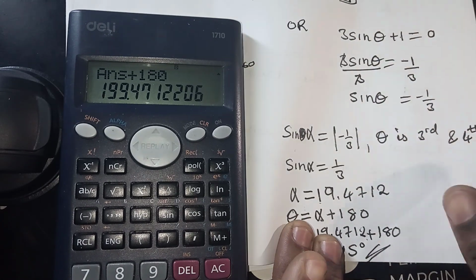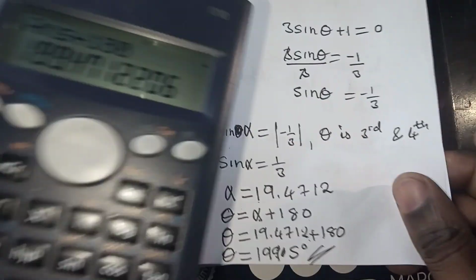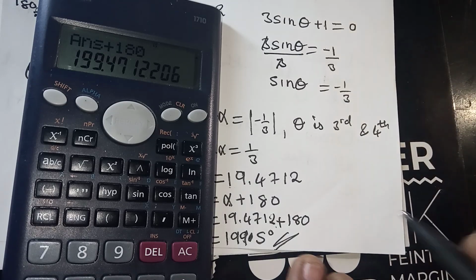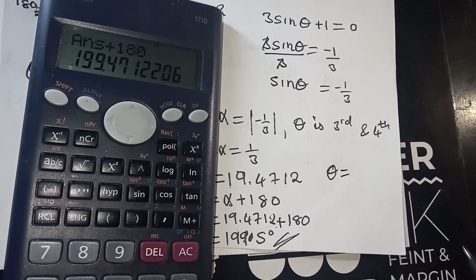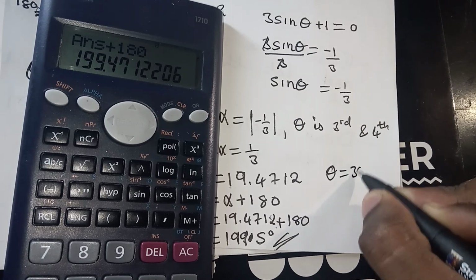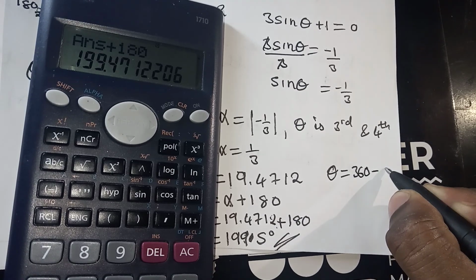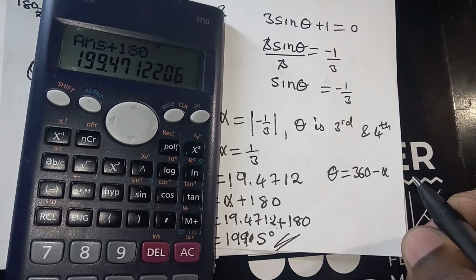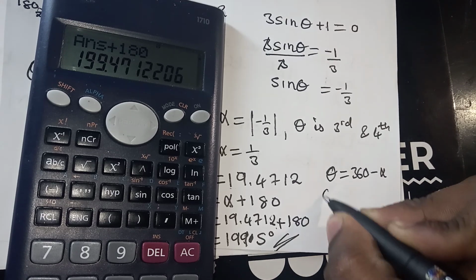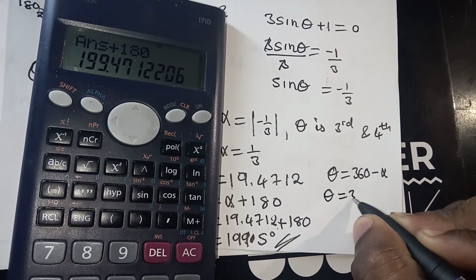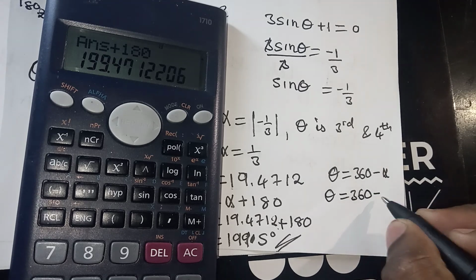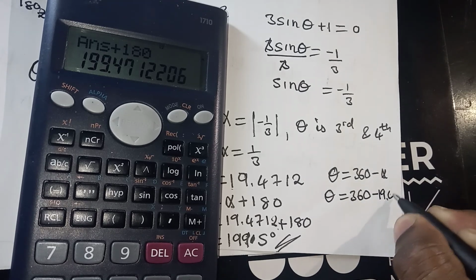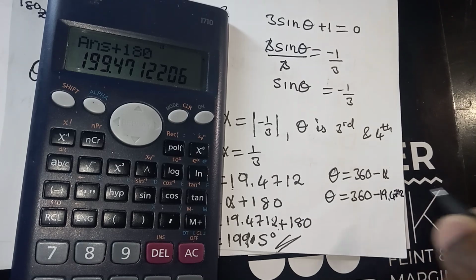And then for the other angle, for theta in the fourth quadrant, theta there is defined by 360 minus alpha. Okay, so theta will be 360 minus our alpha, which is 19.4712.